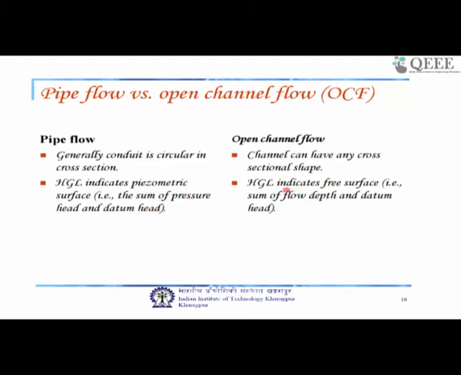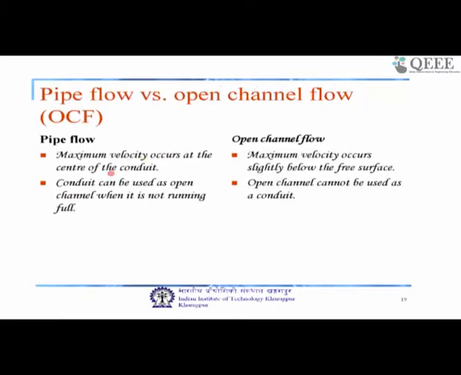In open channel flow, the hydraulic gradient indicates the free surface, which is the sum of the flow depth and datum head. In pipe flow, maximum velocity occurs at the center of the conduit. In open channel flow, maximum velocity occurs slightly below the free surface.